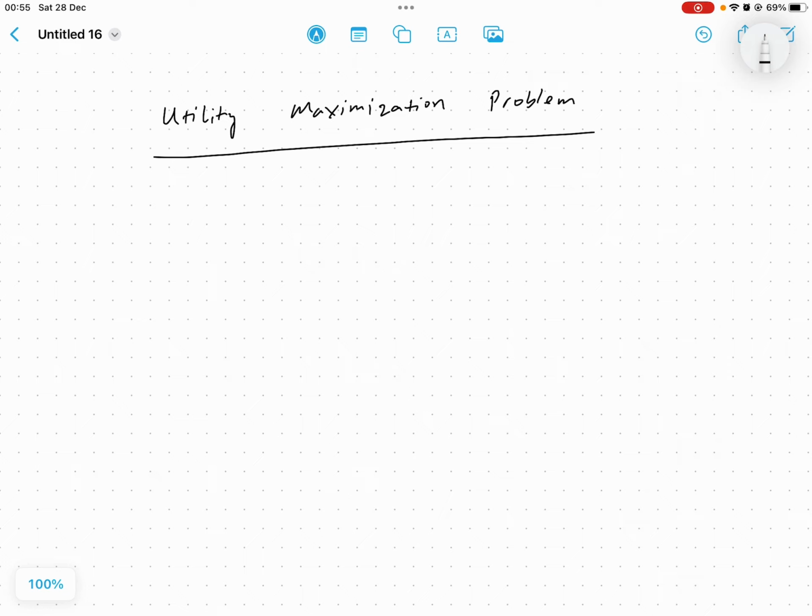And we assume that the consumer has a rational, continuous, and locally non-satiated preference relation, and then we take this utility function to be some continuous function representing the preference relation, satisfying all those conditions.